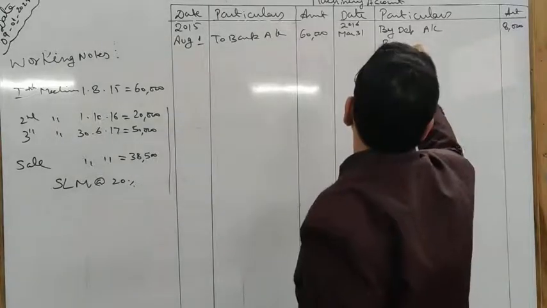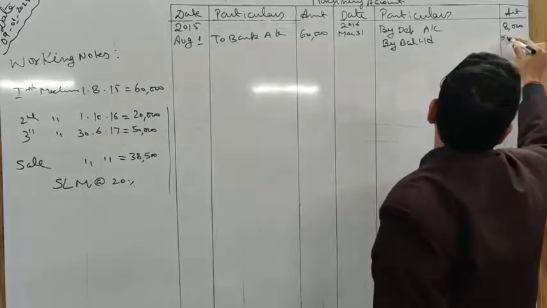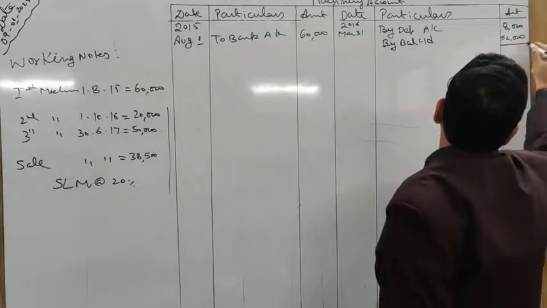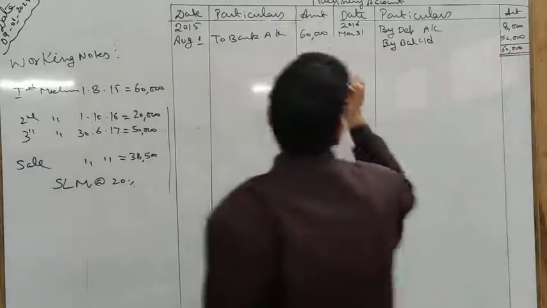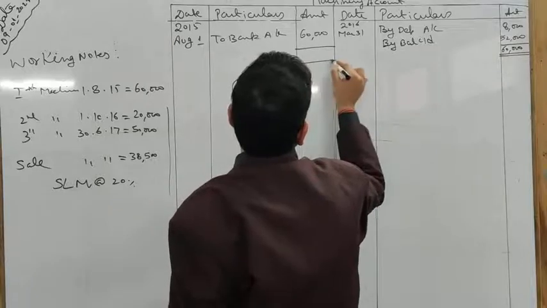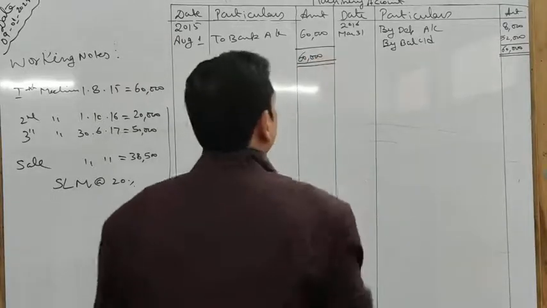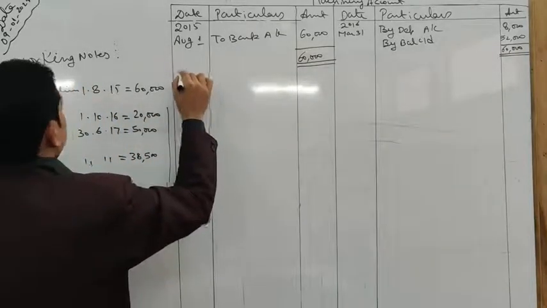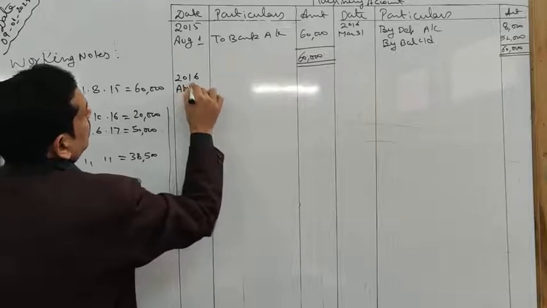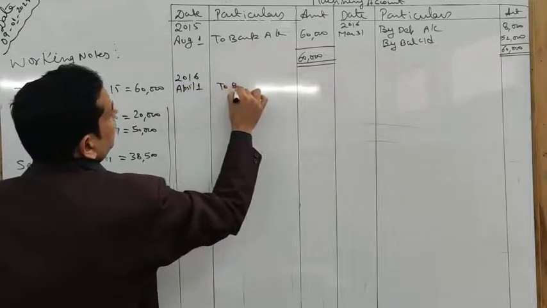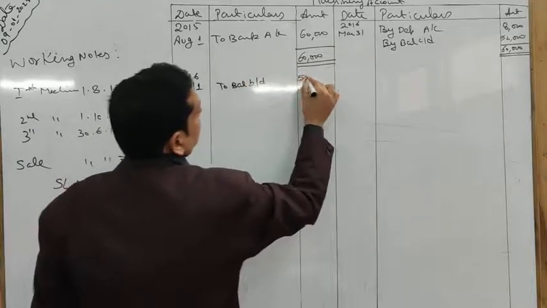By balance c/d 52,000. Clear? Now 2016 April 1 to balance b/d 52,000.